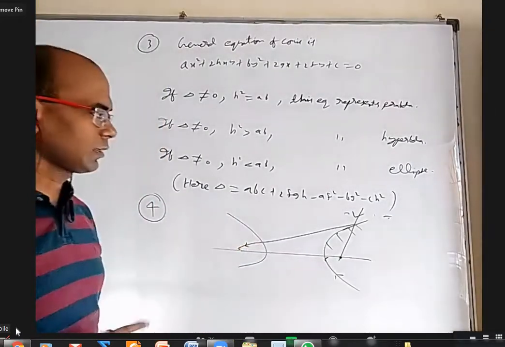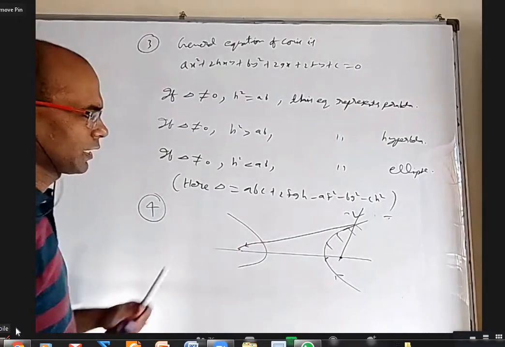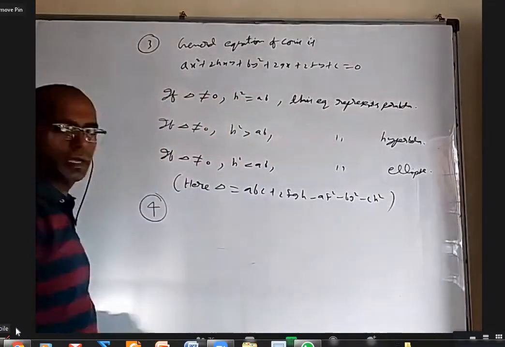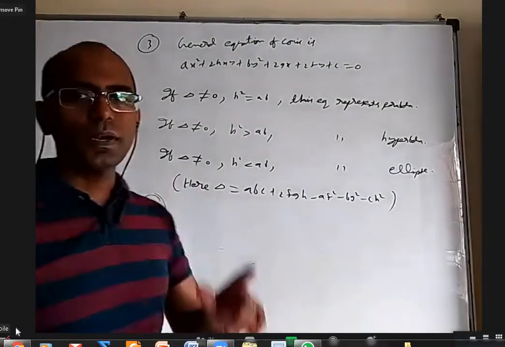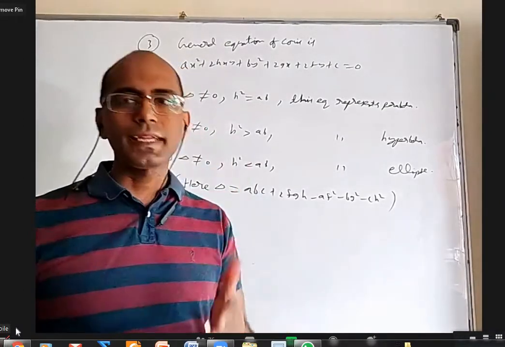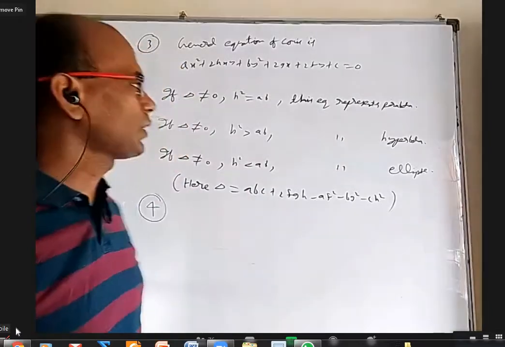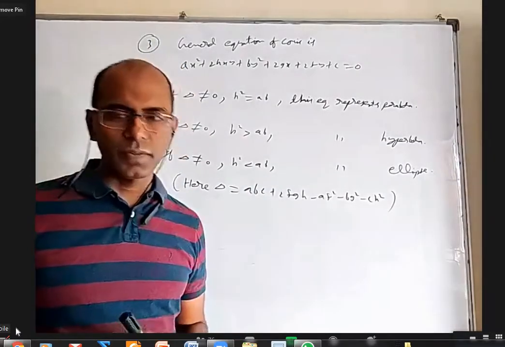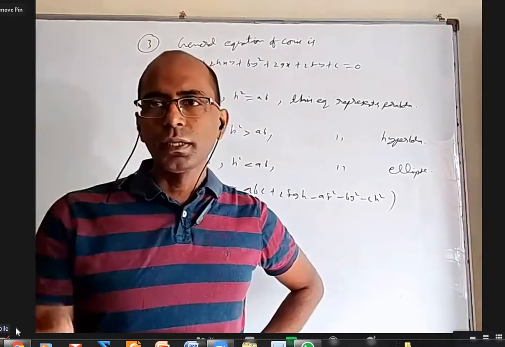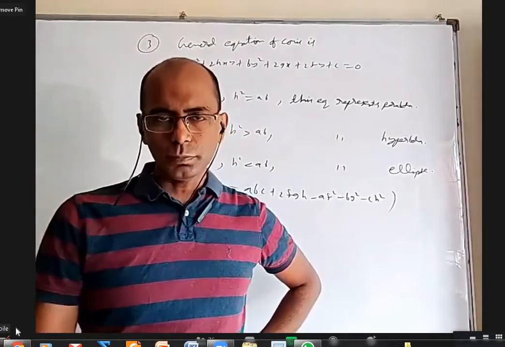We'll see this later. But what I'm trying to say here is that all the conic sections have some common features: parabola, ellipse, hyperbola. The first point I said is that you take the cone and cut at different angles, you will get them. The second point is that they all have the same definition, SP by PM, distance to a fixed point by distance to a fixed line is constant.